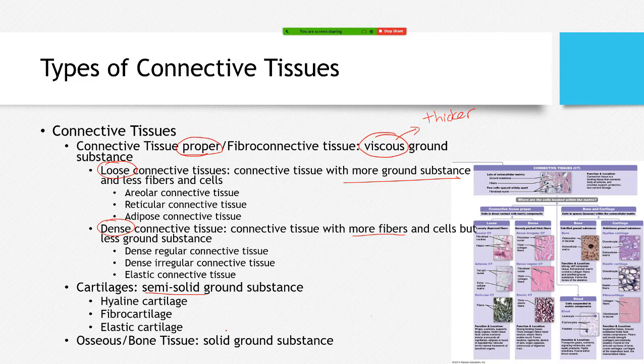Osseous tissue, bone tissue, has a solid ground substance. There is one more type of connective tissue, which is blood, with a liquid ground substance.